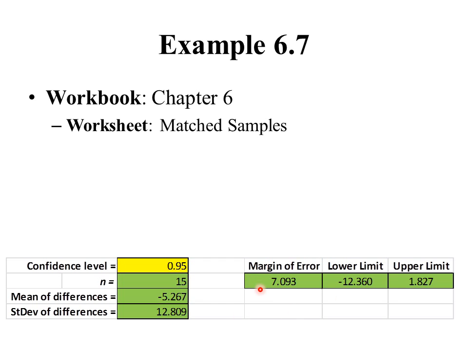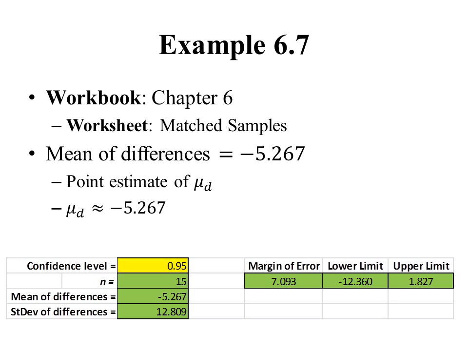And then it calculates a margin of error and a lower limit and an upper limit on our value of mu sub d. So again, the mean of our differences was negative 5.267. That number is a point estimate of mu sub d. It's a one number estimate of mu sub d. It's a sample mean of those differences.